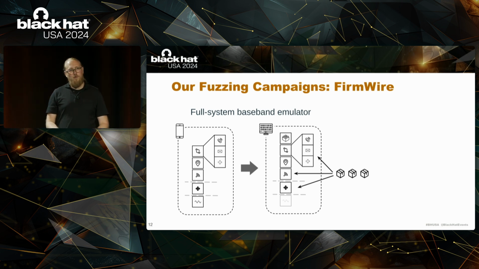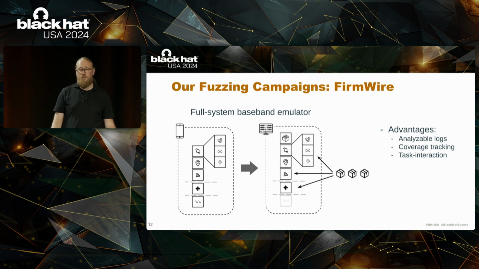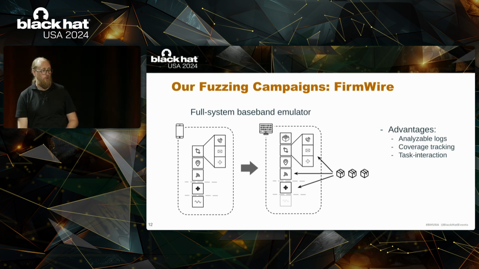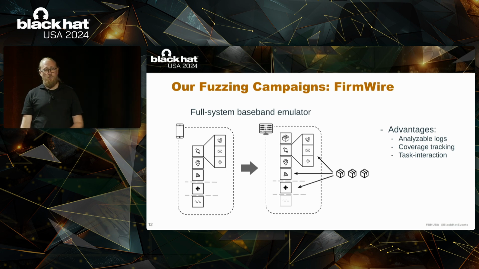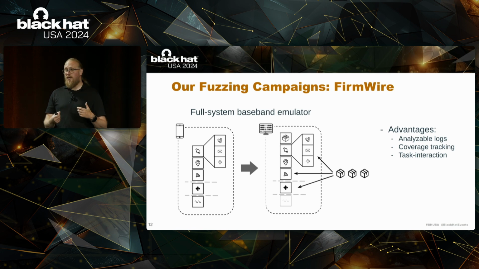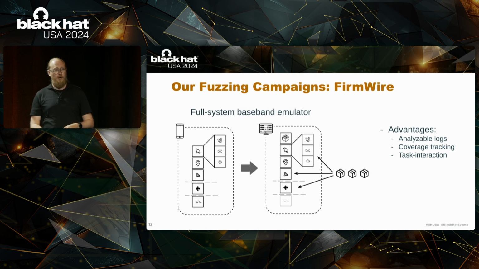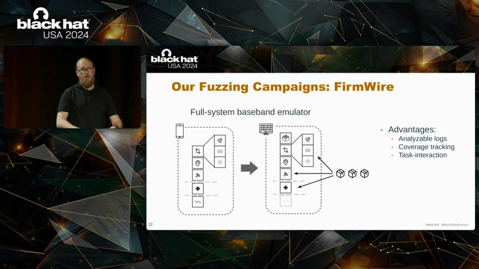Using this approach of full system emulation provides us different advantages which are crucial for our approach. First of all, FirmWire gives us out-of-the-box analyzable log messages, so especially in contrast to over-the-air fuzzing, we can easily see what's going on. It also provides coverage tracking and has an AFL++ integration, so we can easily set up a fuzzer without additional engineering.